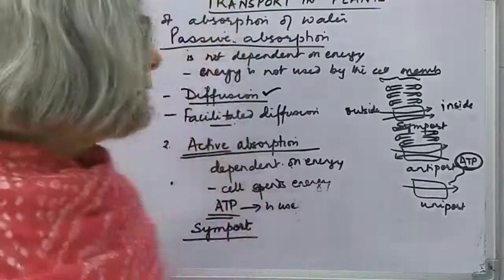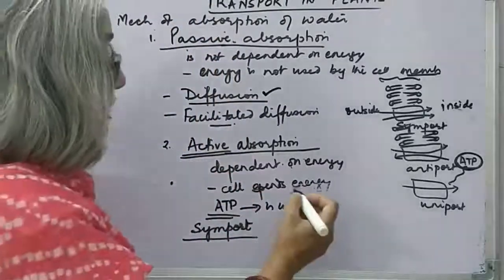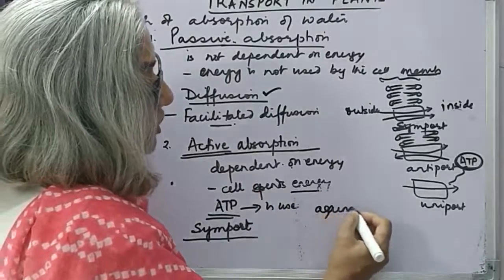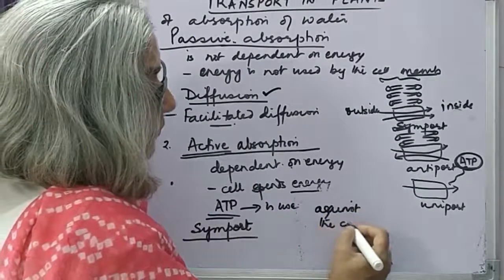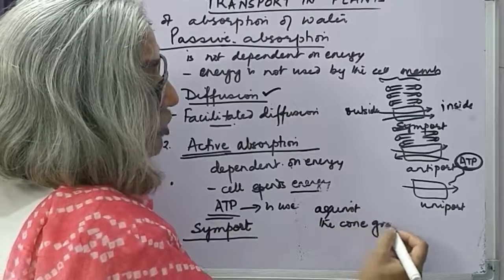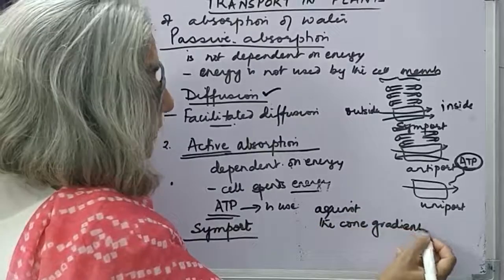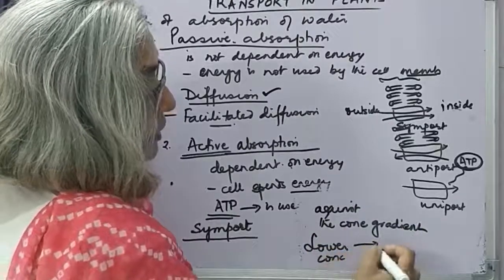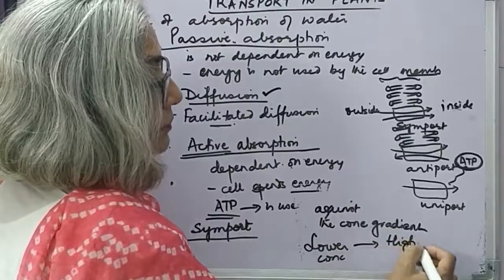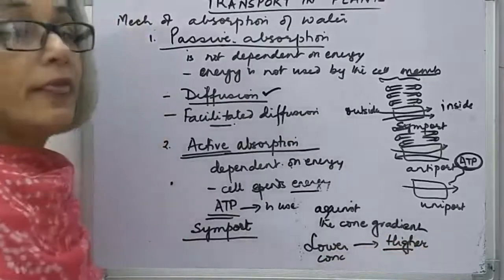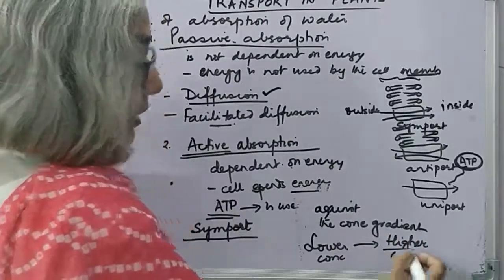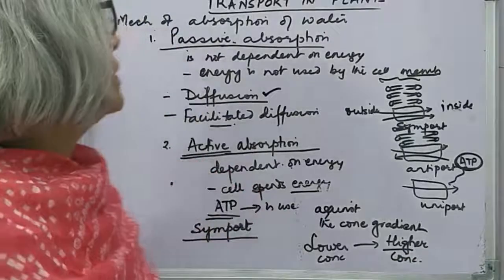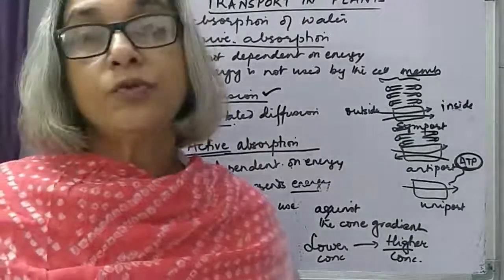So again, why is energy needed? Because it moves against the concentration gradient, that is, from a region of lower concentration to a region of higher concentration. That is why energy is needed. So this is about active and passive transport.